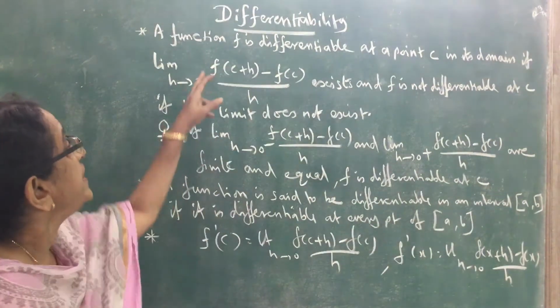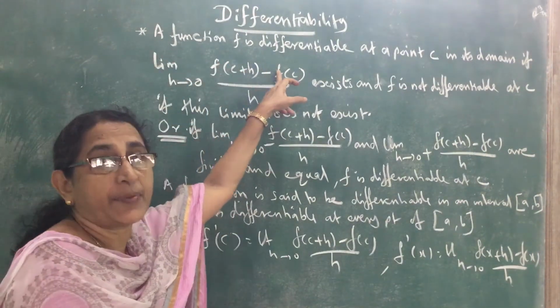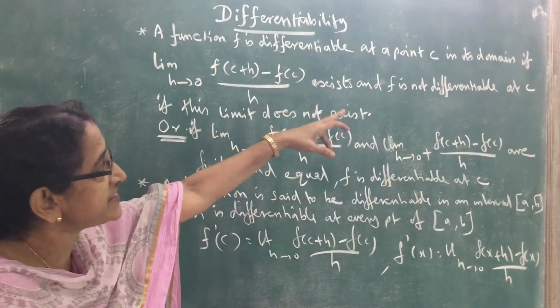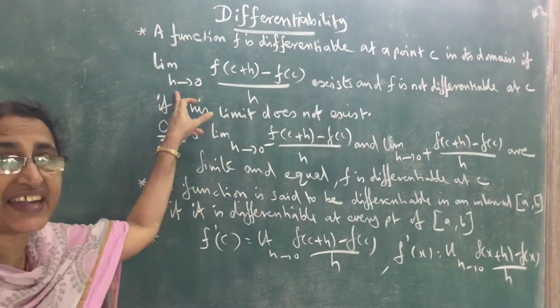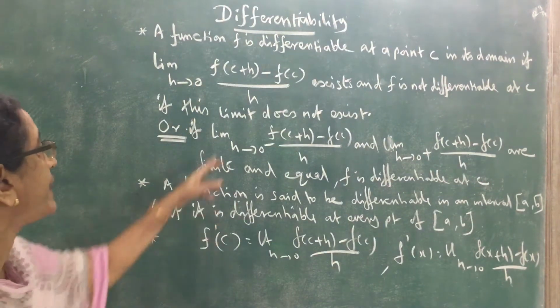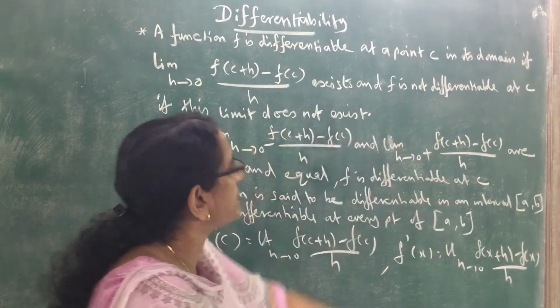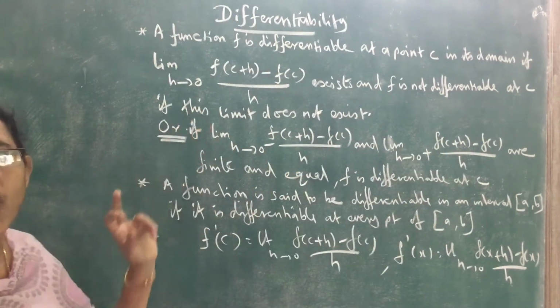Differentiability. A function f is said to be differentiable at a point c in its domain if the limit as h tends to 0 of (f(c+h) - f(c))/h exists, and f is not differentiable at c if this limit does not exist.